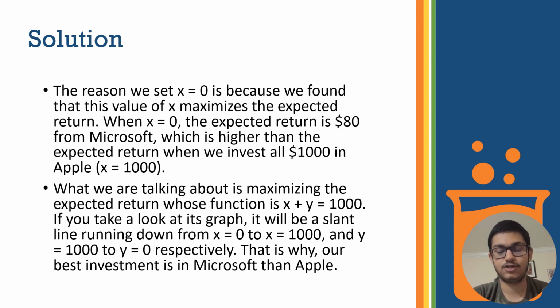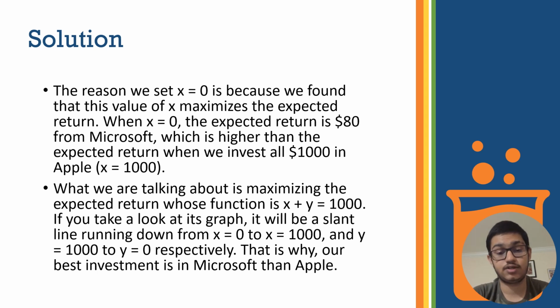Like we did before, when I invest 1000 in Apple, I was getting $50 in return, whereas when I invested 0 in Apple, meaning 1000 in Microsoft, I got $80, right? So what we are all talking about here is maximizing the expected return, whose constraint is x plus y equals 1000. This was a simple defined function from a simple question.